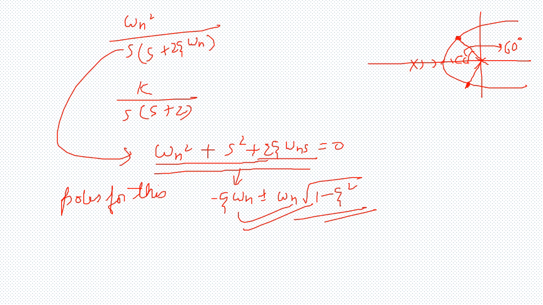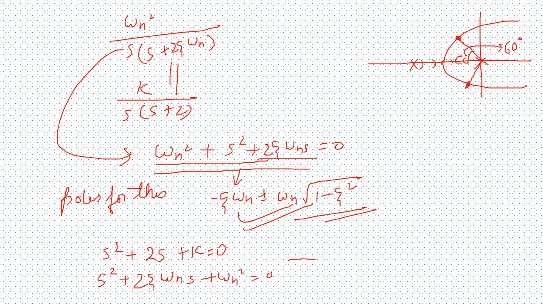Now we can compare these two equations. First, let's form the denominator equation again. It will be s squared plus 2s plus K equal to 0. Now I will compare this with s squared plus 2 zeta omega n s plus omega n squared equal to 0.